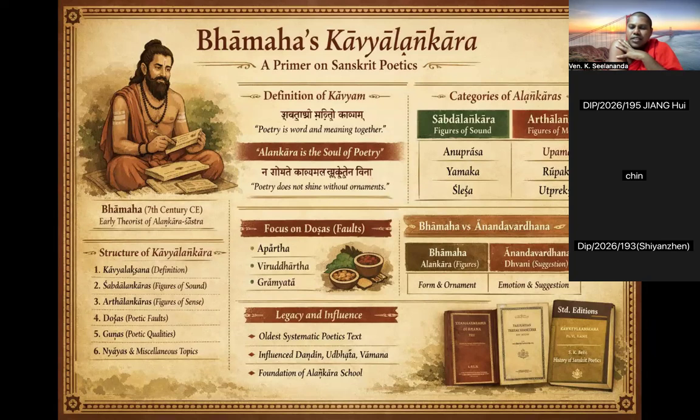Therefore, he is the first poetician in Sanskrit literature. He defined what Kavya is, and he explains that Alankara or ornaments are the soul of poetry. Every Alankarika explains Alankara as the soul of poetry.